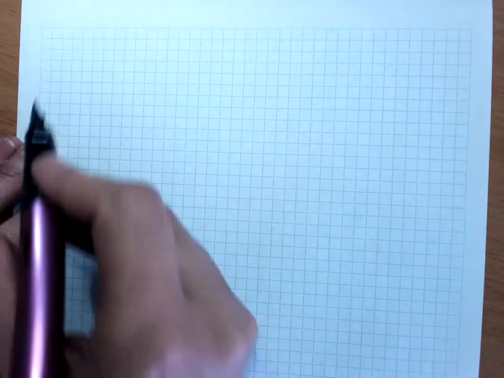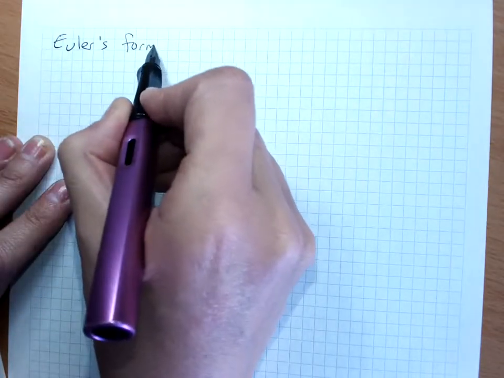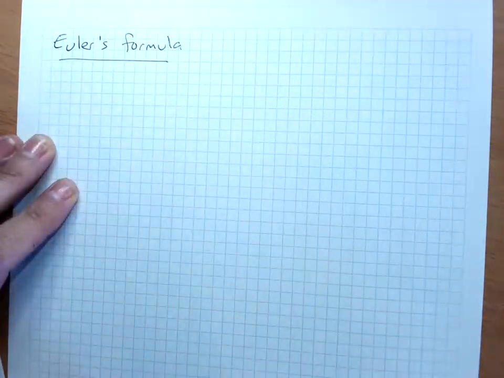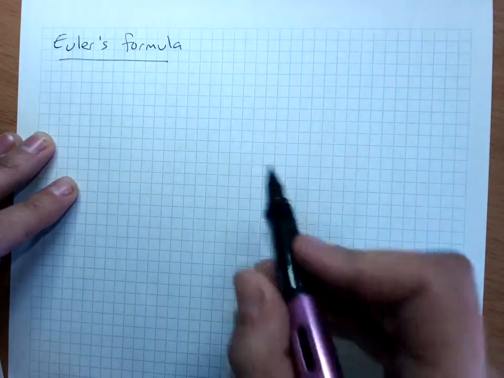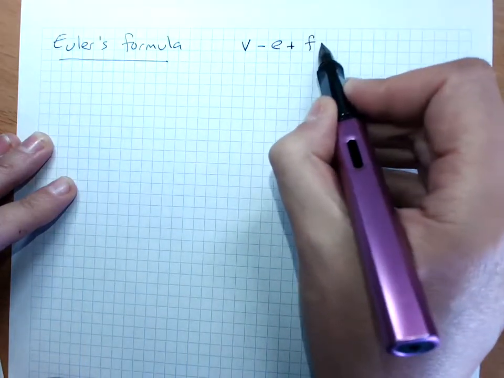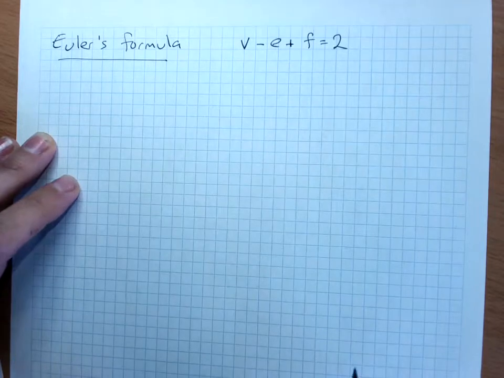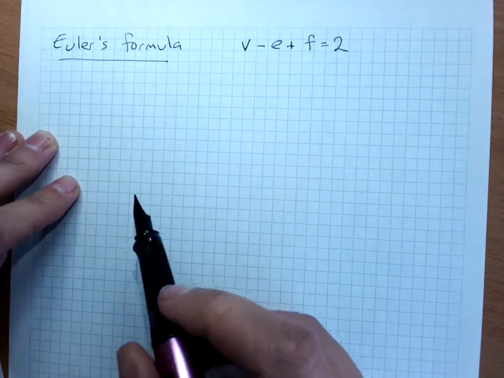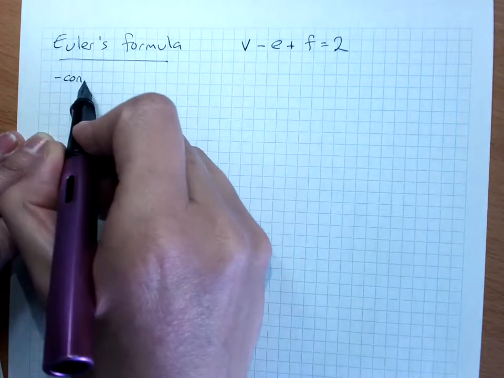Euler's formula is going to be the next big one that you need. And that is V minus E plus F equals 2. Euler's formula only works for connected graphs, planar graphs.